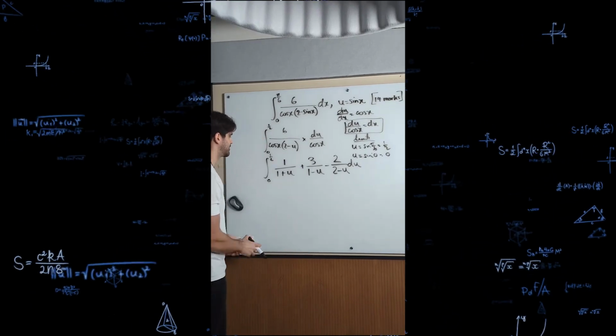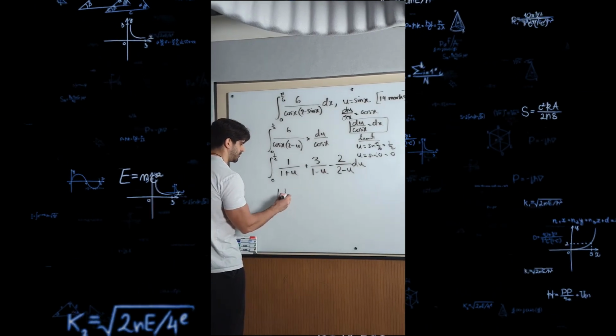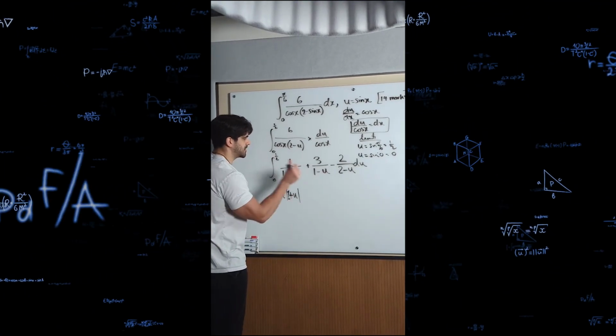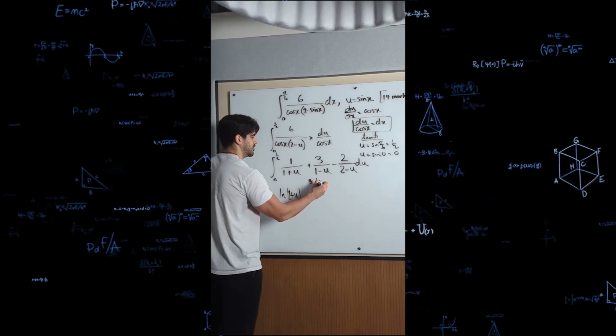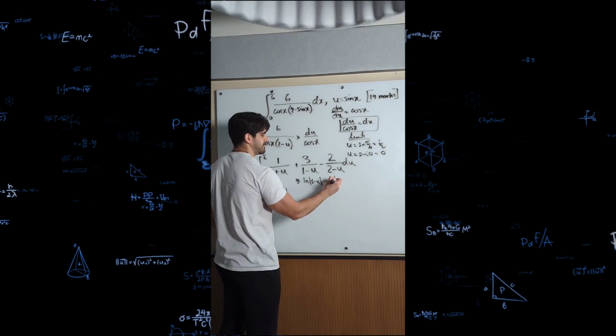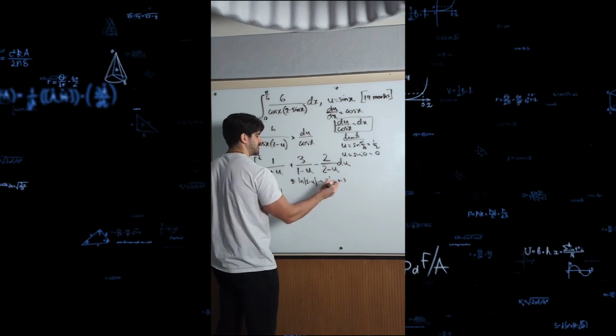Let's integrate that. So this is nice and simple. It is ln of 1 plus u. This one, my guess, is ln of 1 minus u, ln of the denominator. But when you differentiate that, you get minus 1 over 1 minus u. But we wanted 3, so you're going to times by minus 3 on both sides.